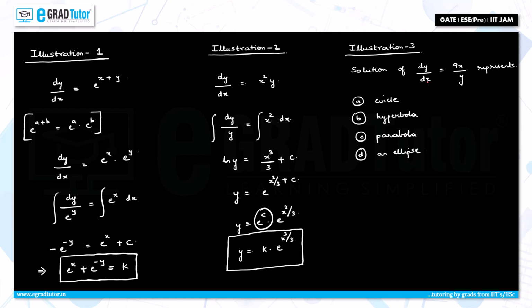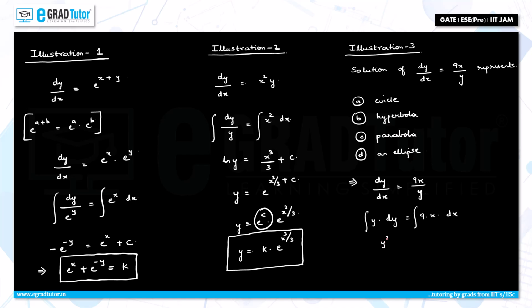The only thing is you need to solve this. So the given equation is dy by dx is equal to 9x by y. So you separate the variables. What is it that you get? Y times dy is equal to 9 into x into dx. Now integrate this on both sides.